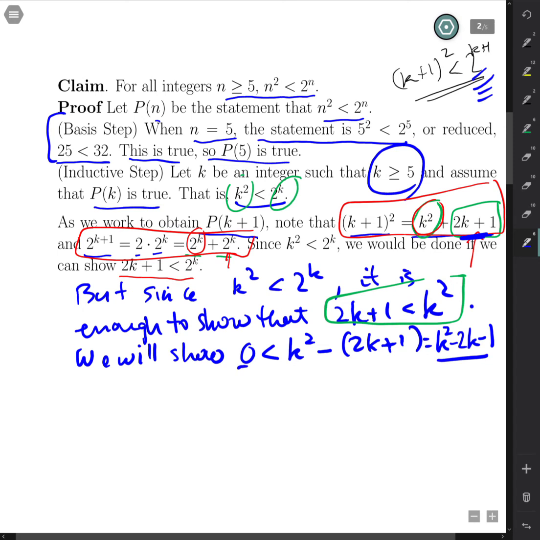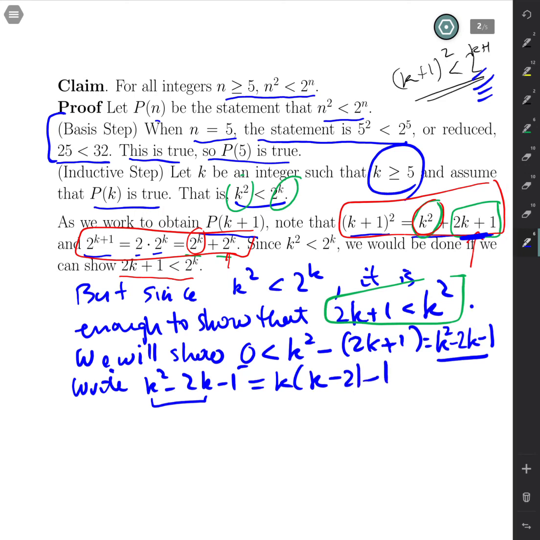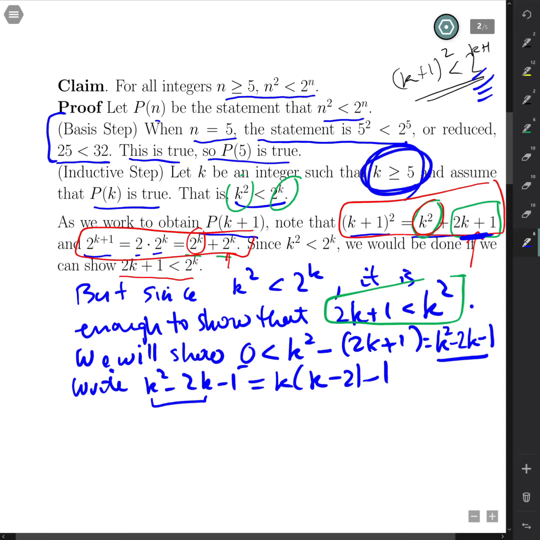Well, let's see. We'll write k squared minus 2k minus 1. What I'm going to do here is factor out the k of this part and write that as k times (k minus 2) minus 1. Because we can analyze how big that is since we have assumed that k is bigger than or equal to 5 up above. So this is greater than or equal to 5 times 3 minus 1, which is 14, which is definitely bigger than 0.